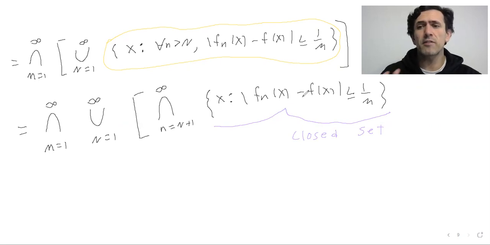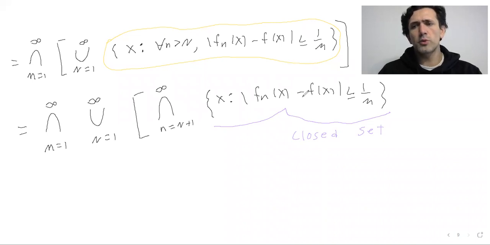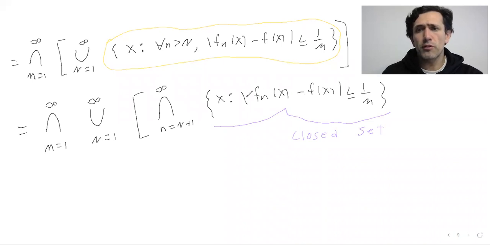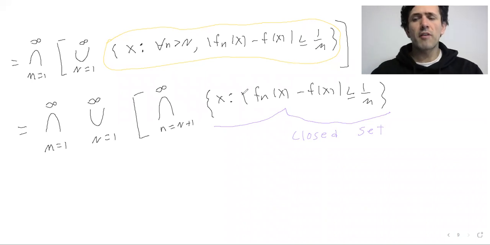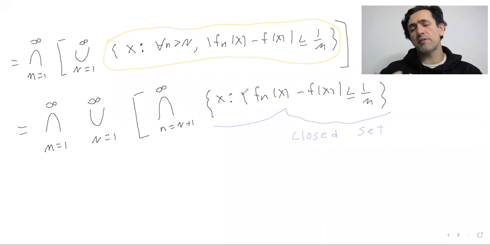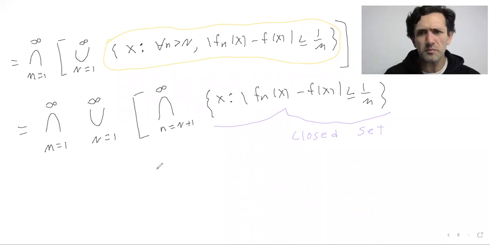This is simply the inverse image of the closed interval 0 to 1 over m with respect to the continuous function, the absolute value of Fn minus f. The absolute value of Fn minus f is also continuous.